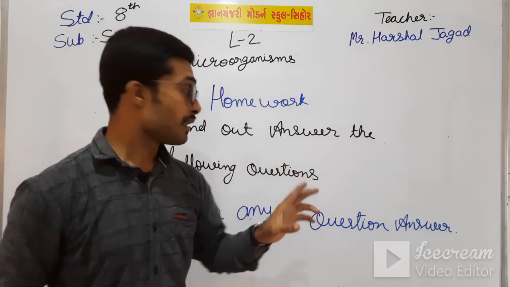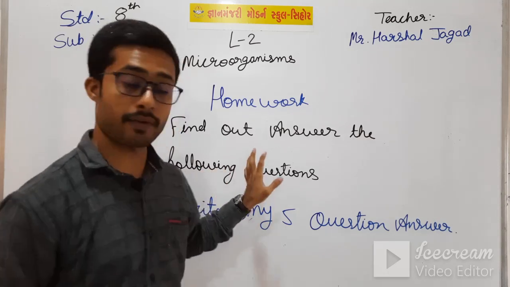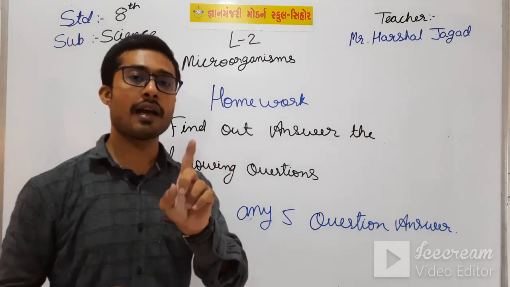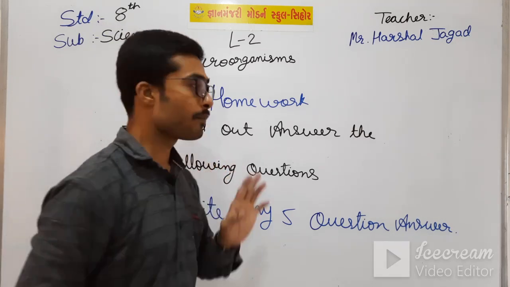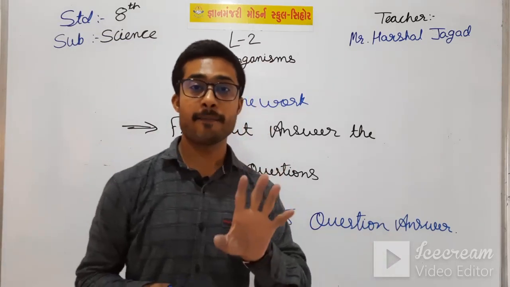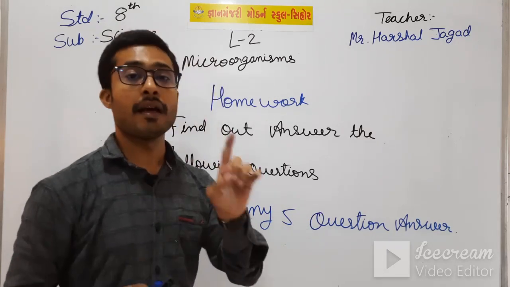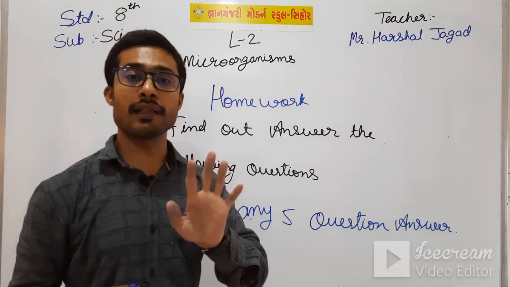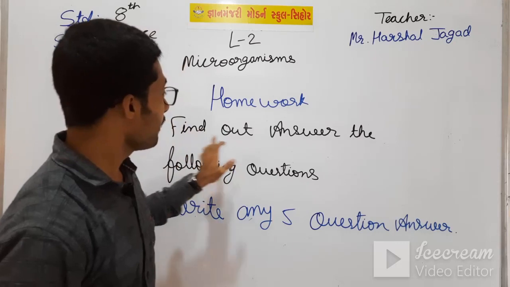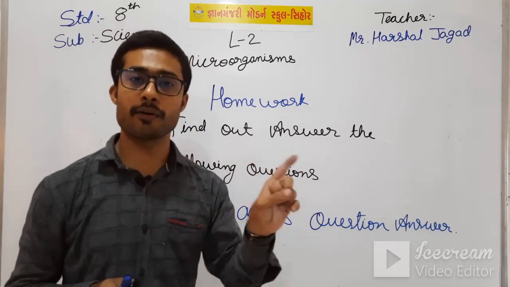You don't have to send pictures of all of them, you just have to tick the answers in your textbook, and send pics of any 5 question answers only to the WhatsApp group. You don't have to send the answers of all the textbook questions you have ticked.